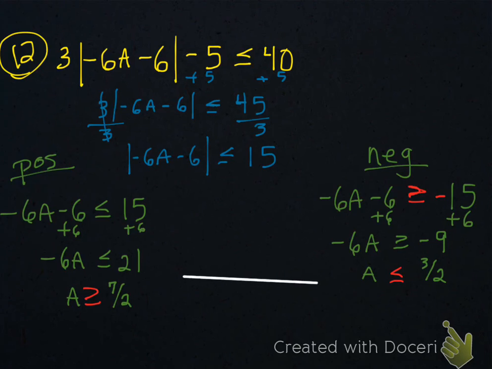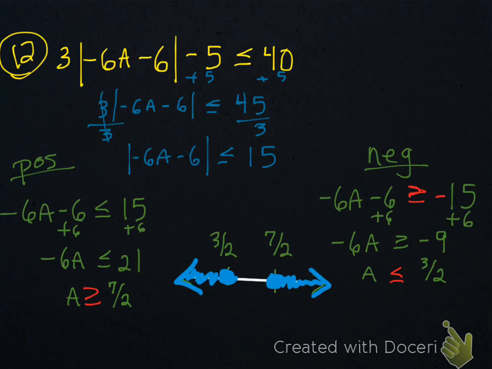Now let's go through and do our number line. Cute little number line there. 3 over 2 is smaller than 7 over 2. They both have equals, so they both get a beautiful big closed dot. 7 over 2 is shaded to the right. 3 over 2 is shaded to the left.